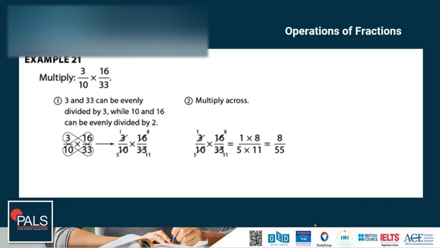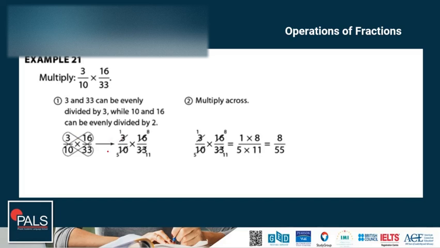Let's see another example. Example 21. Multiply 3 over 10 times 16 over 33. Again, look at the fractions that you are multiplying. See if you can cancel out. You can do cross canceling. 3 and 33 can be evenly divided by 3, while 10 and 16 can be evenly divided by 2.